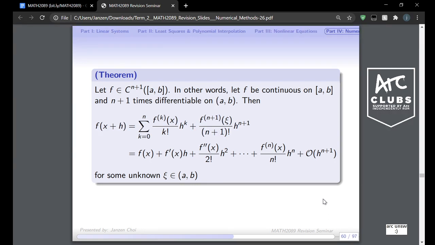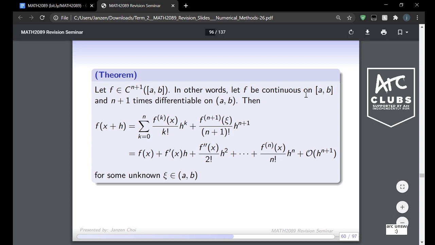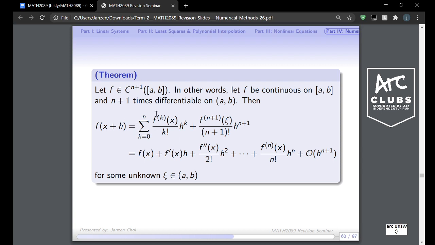The Taylor series requires the non-polynomial function to be continuous on the closed interval, and n+1 times differentiable on the open interval. Here we are substituting x plus h into the general expression of the Taylor series, in which the remainder, or error, will be defined by this expression here.